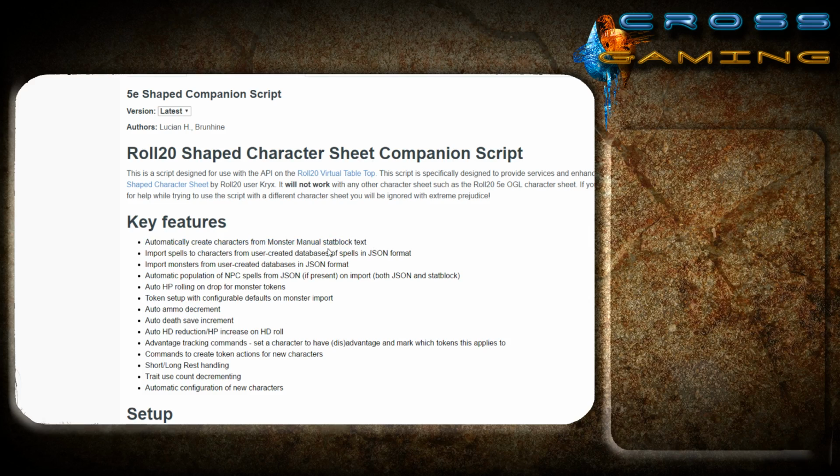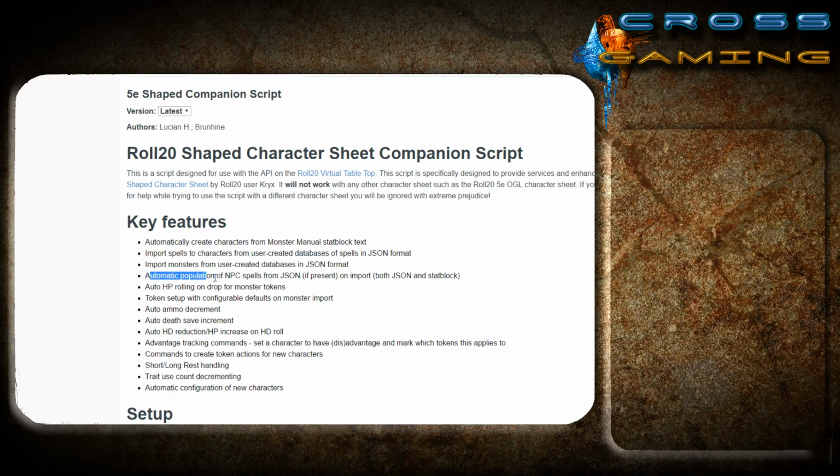That was what 5e monsters was for. Import spells, and that's what 5e spells that I just put in was for. This JSON format is what we just put in. So it was basically a database of spells and a database of monsters that we can import from.